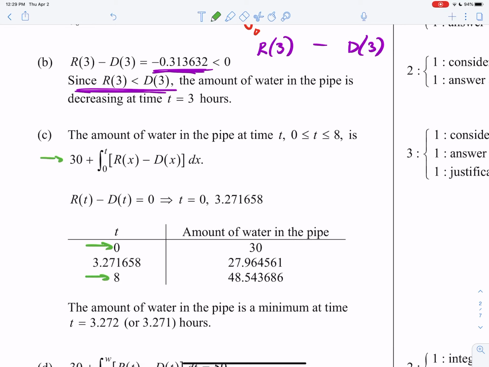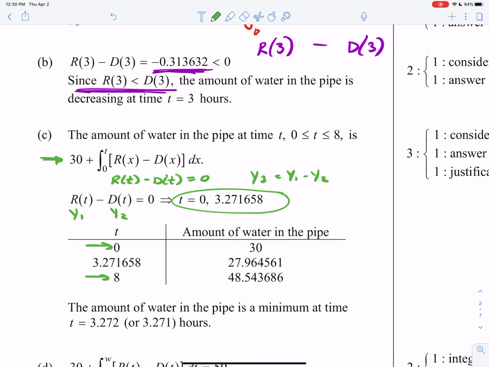The derivative of this right here, 30 is going to go away. The derivative of an integral, you're just going to be left with R of t minus D of t. And then we set that equal to 0 because we want to find our critical numbers. So if you have y1 as r and y2 as d, you would have y3 as y1 minus y2, and then you would just find your zeros.